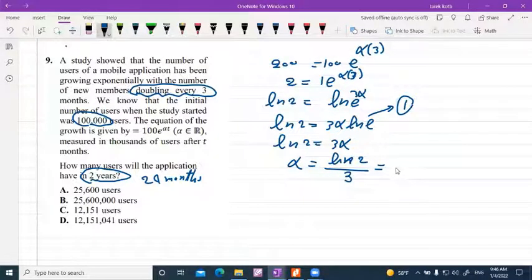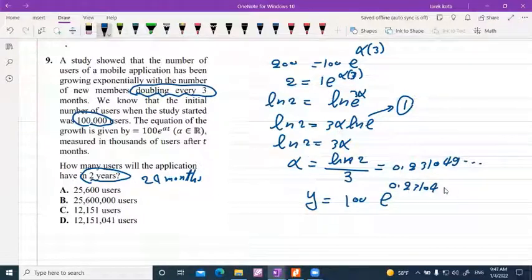ln 2 over 3. The ln 2 over 3 equals a very big number, 0.2310449 and so on. And then the equation will be again y equals 100 e. Instead of the alpha, you can write this number times t.